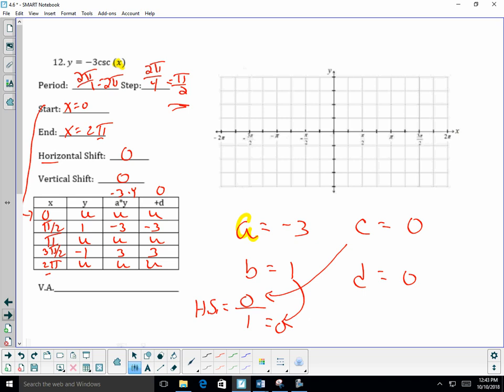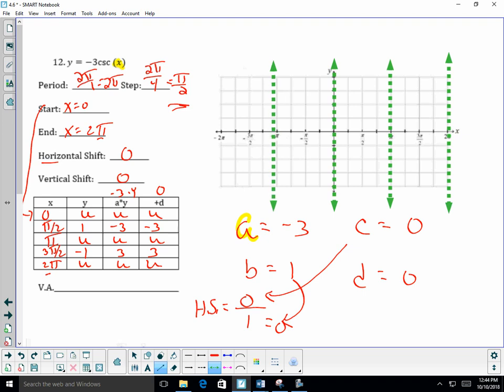First thing I do when I do these is put in my vertical asymptotes. So I'm going to have a vertical asymptote at 0, a vertical asymptote at pi, a vertical asymptote at 2 pi. If I count, I have 4 lines in between, so I'm going to count 4 lines, 1, 2, 3, 4, vertical asymptote at negative pi, vertical asymptote at negative 2 pi.